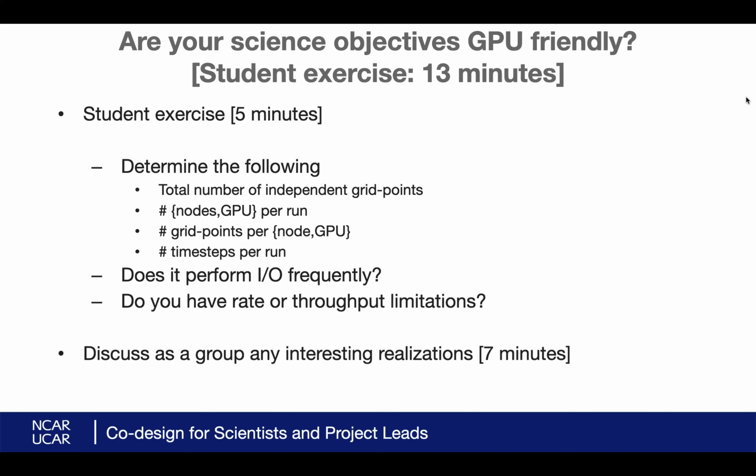So I have a Riva model running globally, and eventually I'm trying to run a very high resolution, which is about 10 million Riva segments, and that's probably like an independent grid point. And as Frank said, it's very dependent on each grid point actually.